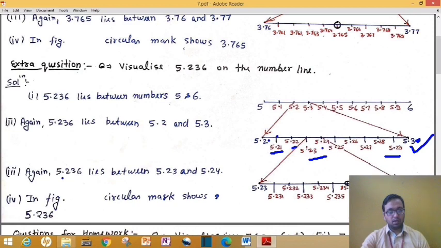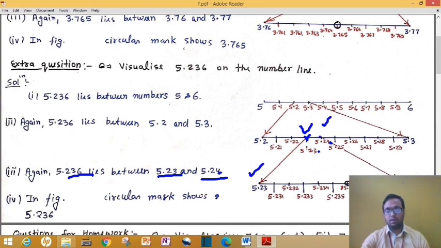So see, our actual number is again 236. This lies between 5.23 and 5.24. Now see, where is 5.23? This is your 5.23, 230, and this is 5.24, 240. So 236 will lie between 230 and 240. Okay, so again we will make one more diagram, and here we will write 5.23 as the first number, then we will write the second number 5.24.